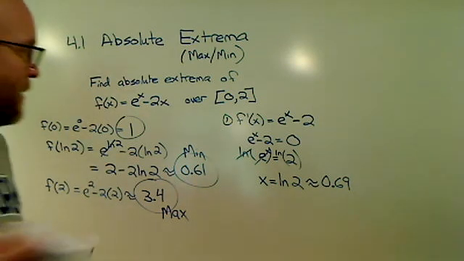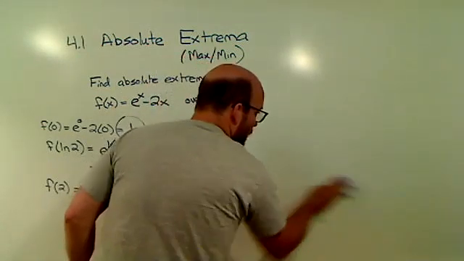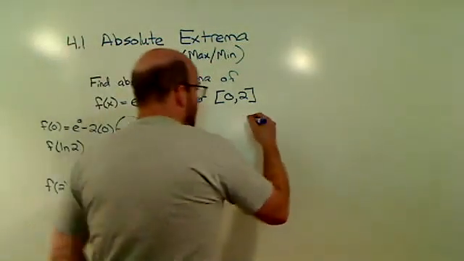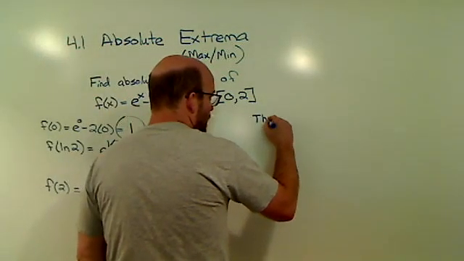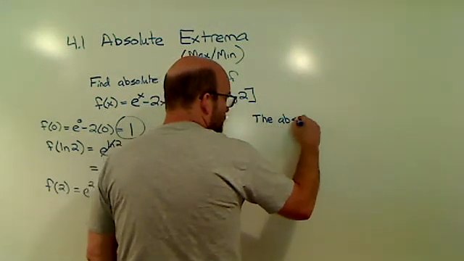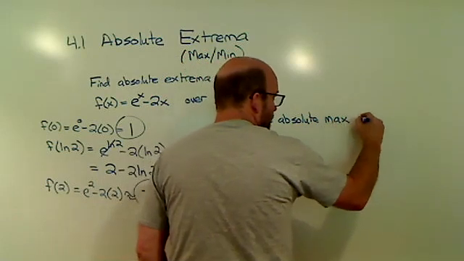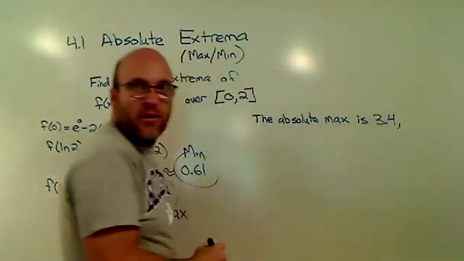So I'm just rewriting this mostly to make sure that we're clear about vocabulary and the way that we need to think through this. But we would say that the absolute maximum is about 3.4. Hopefully I'm still on the screen, okay?